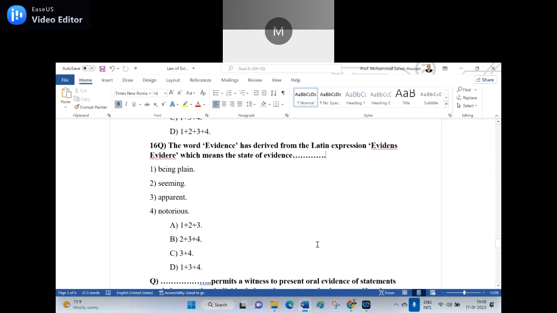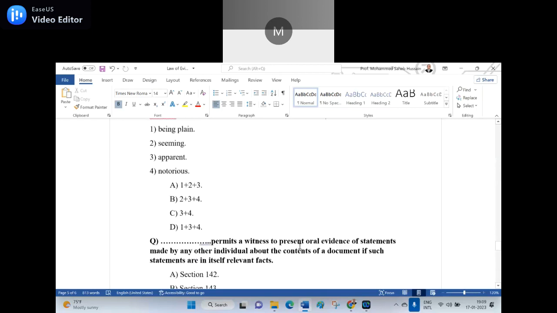Why? There is no seeming. There is the state of evidence being plain, apparent, notorious. So the evidence may be plain, apparent or notorious. These are the words that are there, but I fabricated seeming. Hence the right answer is 1 plus 3 plus 4. Is it clear? Say yes.